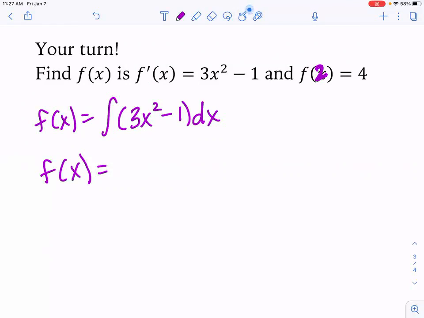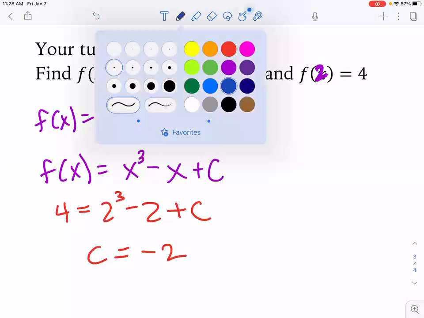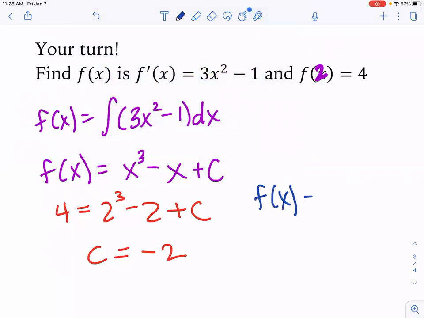Okay. x cubed minus x plus c. Okay, so f of x is x cubed minus x plus c. Four equals 2 cubed minus 2 plus c. What's c? So you got f of x is x cubed minus x minus 2.